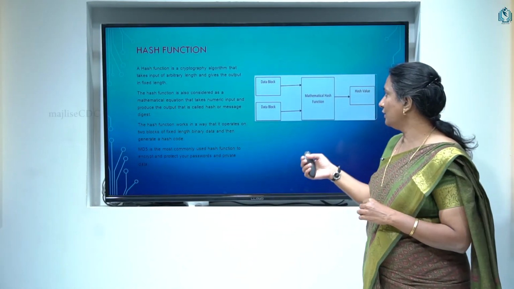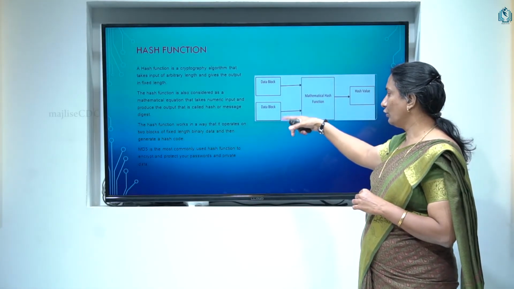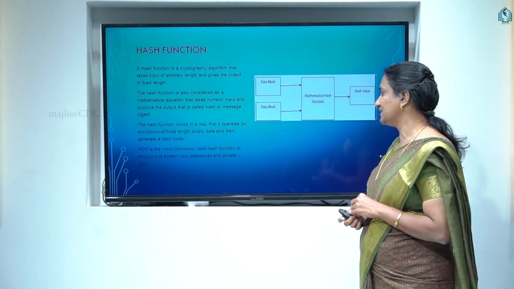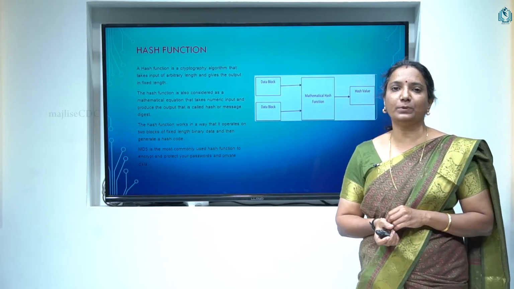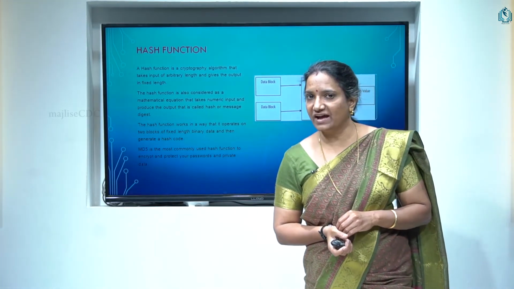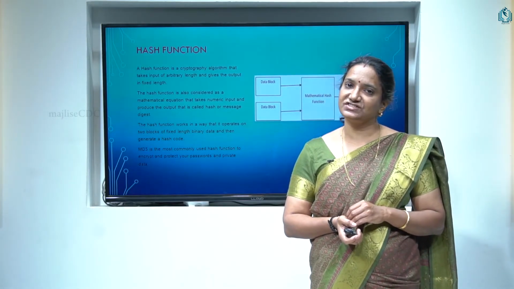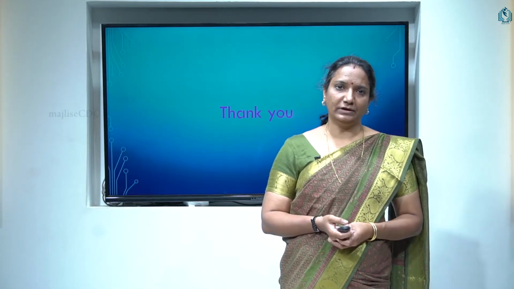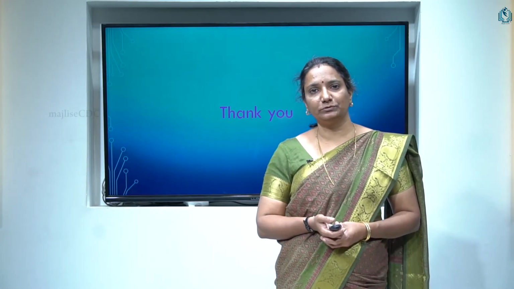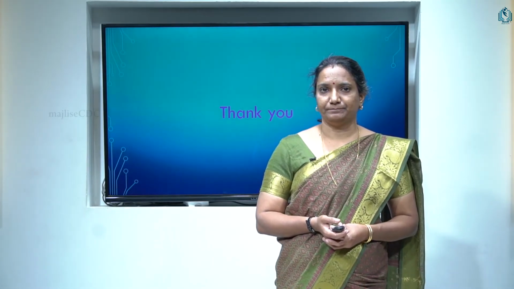It operates on a block of fixed length binary data and then generates a hash code. The most popular example of a hash function is Message Digest 5, MD5. That's all about the various types of cryptographic techniques.